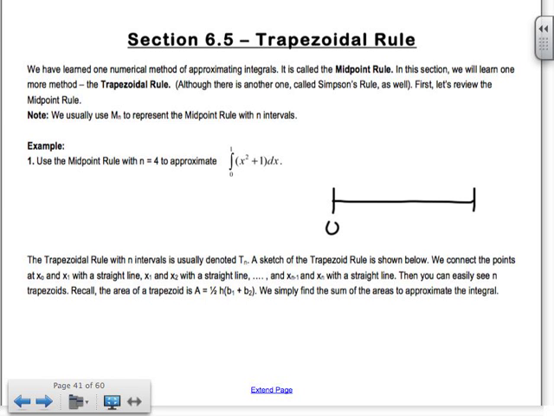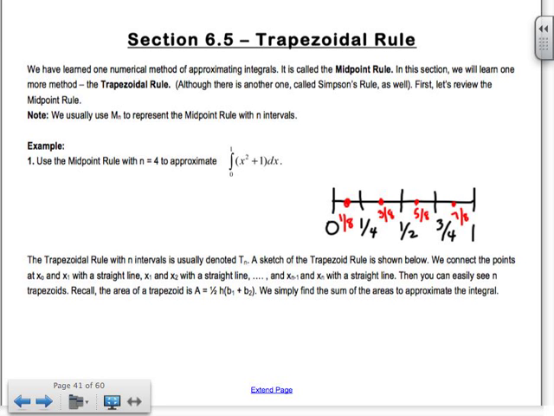Do you guys remember midpoint rule? So if I was doing midpoint rule from 0 to 1, and I wanted it in 4 pieces, I would need 1/2, 1/4, 3/4. And what x values would I actually plug in for midpoint rule? 1/8, 3/8, 5/8, 7/8.